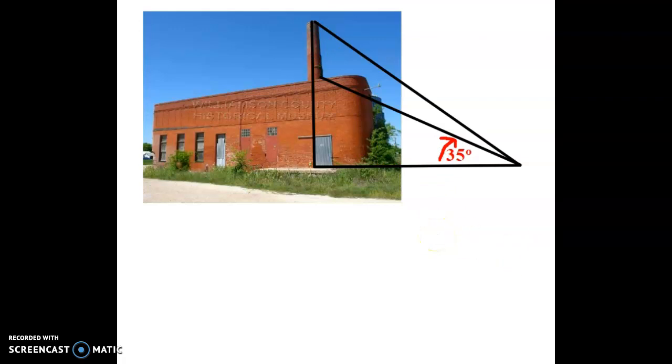We also know that the angle to the top of the smokestack, this big angle here, happens to be 53 degrees, the whole big angle. We are standing 200 feet away from a point. There's my point. This is 200 feet away, and this is 2 problems in one.